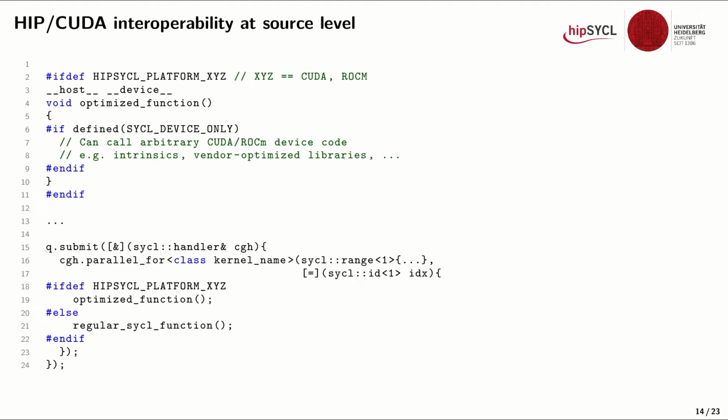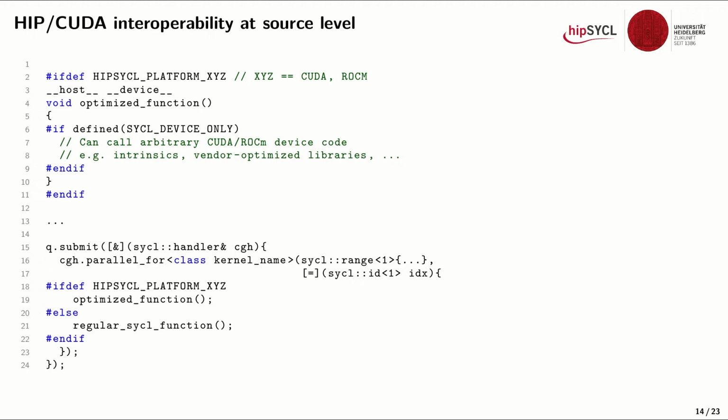Then you define your optimized function. What's important is that you mark it as host and device, because all code in hipSYCL is initially passed as host code. Therefore, you need to mark it as host device, not only device. And then you can use the macro SYCL device only to check if you're in the device compilation pass.